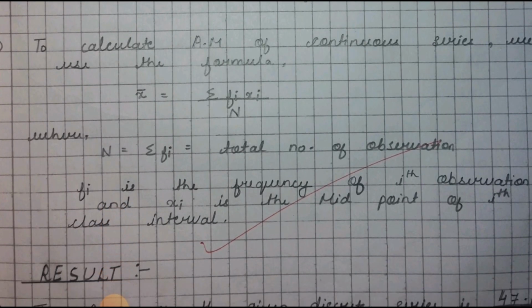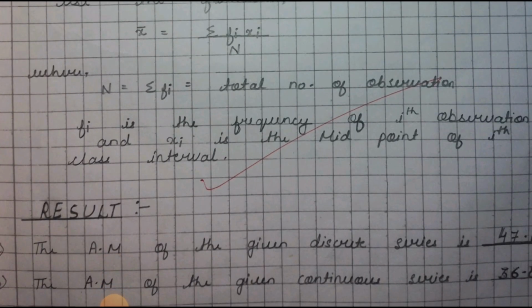Second, to calculate arithmetic mean of continuous series, we use the formula x bar is equal to summation fi xi by capital N, where n is equal to summation fi is equal to total number of observations.